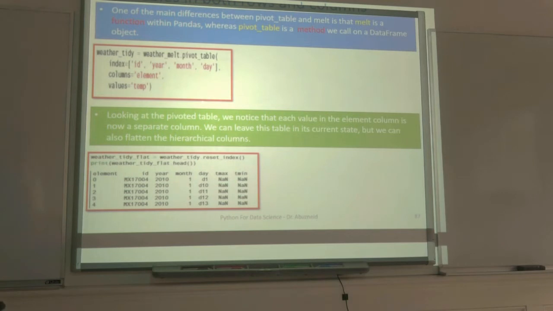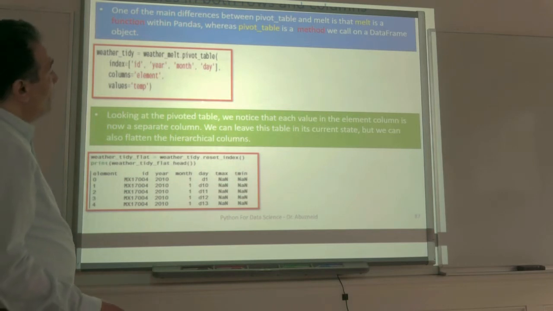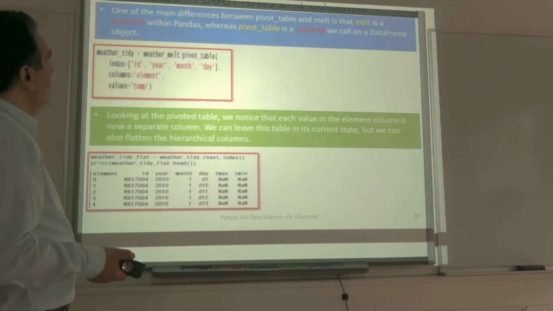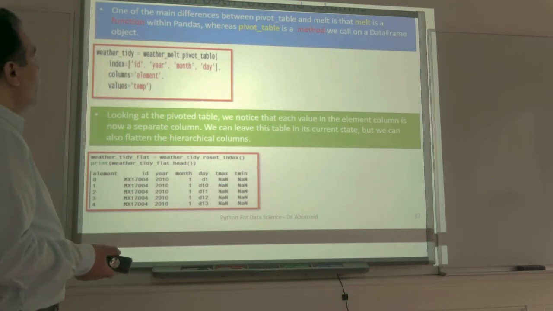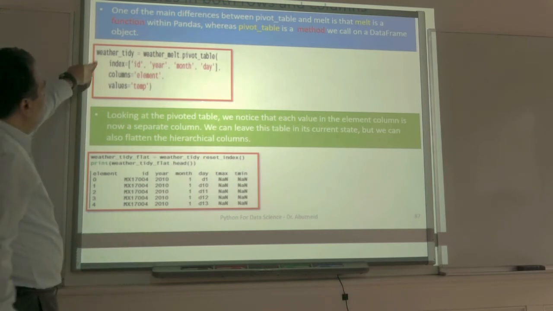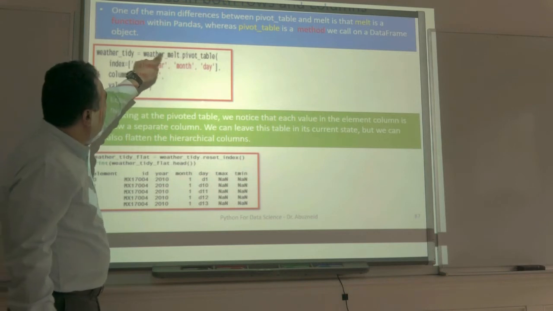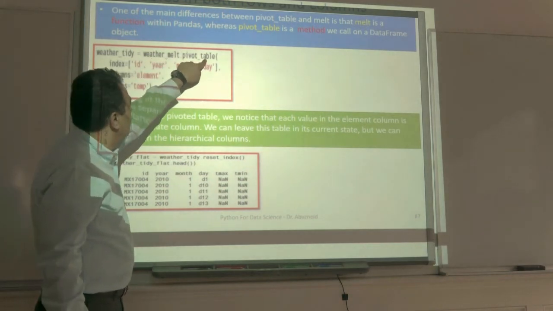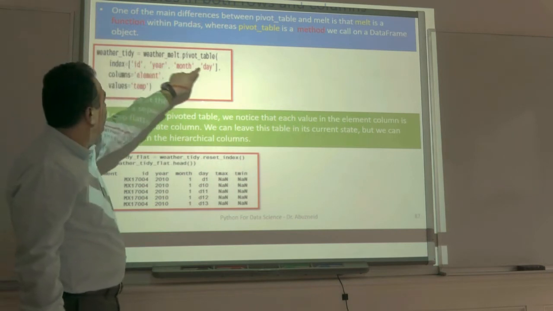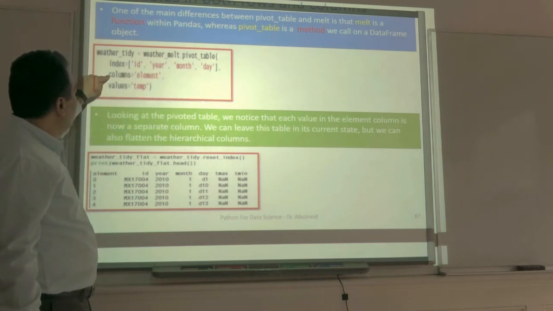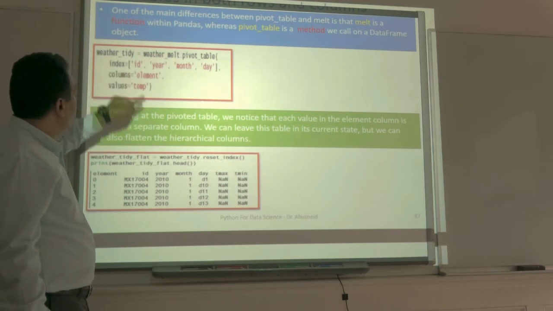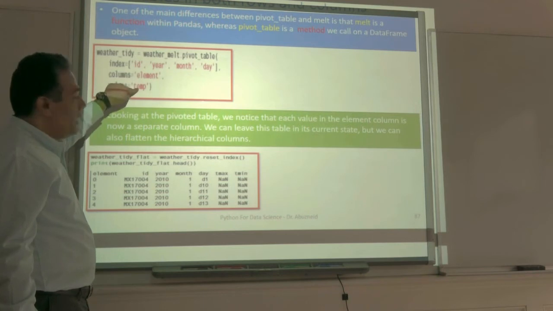One of the main differences between pivot table and melt is that melt is a function and pivot is a method. So to do the casting, what do we do? The pivot table. The index is ID, the year, the month, the day, and the column is element, and the values are the temperature.